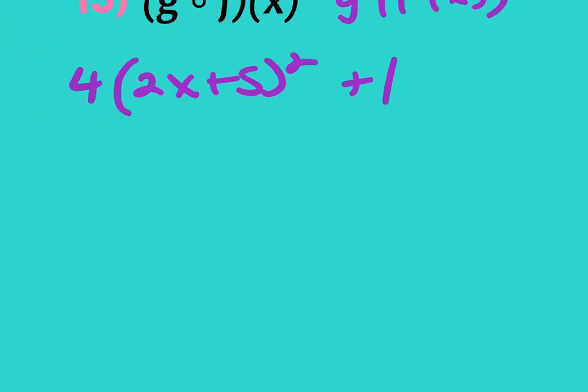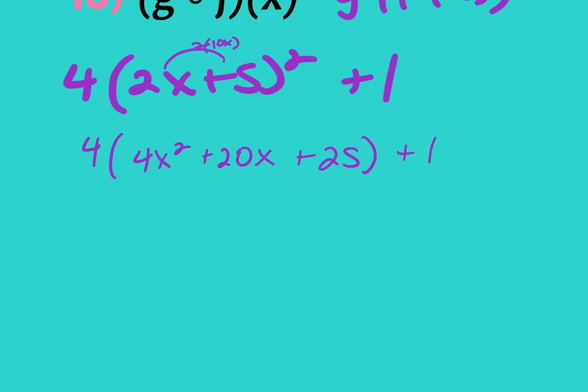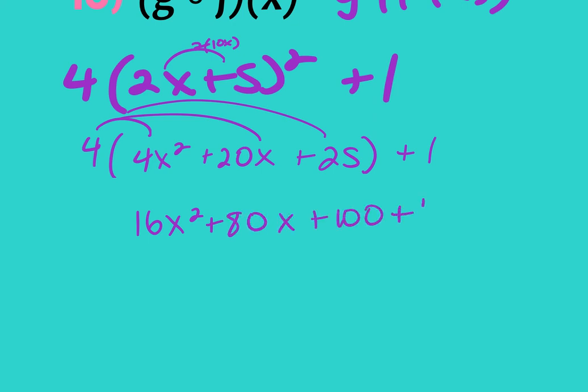And then you can either expand and FOIL that (2x plus 5) squared or use your shortcut. The shortcut would be the square of the first, double the product, positive 20x, and square the second, plus 1. Distribute the 4, 16x squared plus 80x plus 100 plus 1, which becomes 16x squared plus 80x plus 101.